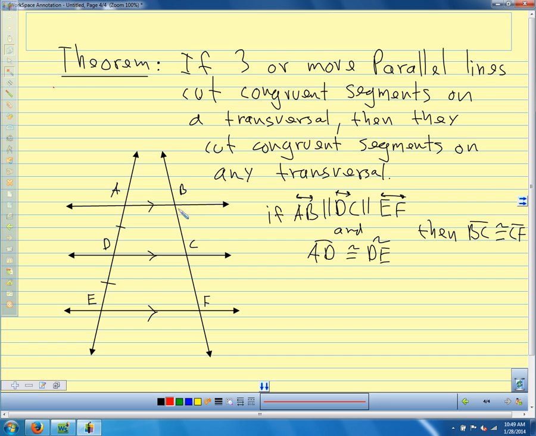So we can figure out that these are the same also. So if our parallel line cuts this into equal pieces, it also cuts the other transversal into equal pieces. So that's what our theorem says.